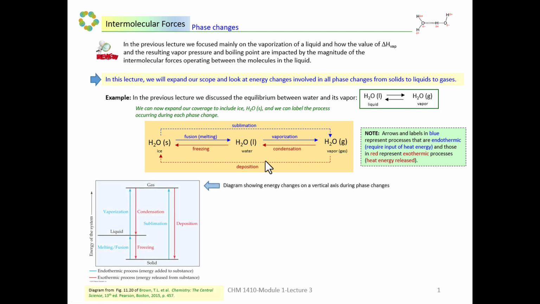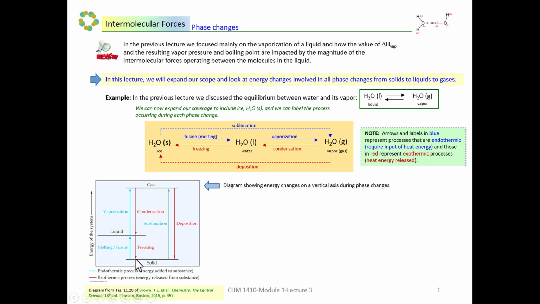Now many times in general chemistry textbooks, you'll see these energy changes depicted in a little different way, basically on a vertical axis. So we have a diagram here where the vertical axis is the energy of the system, and you notice the solid is represented as having the lowest energy, liquid a little higher energy, and gas having the highest energy.